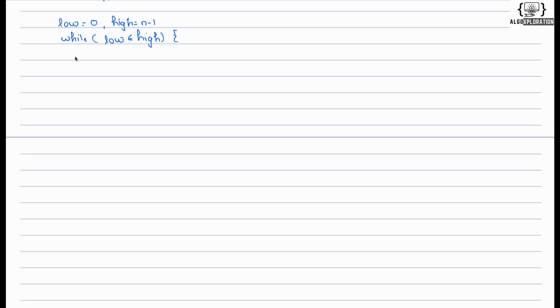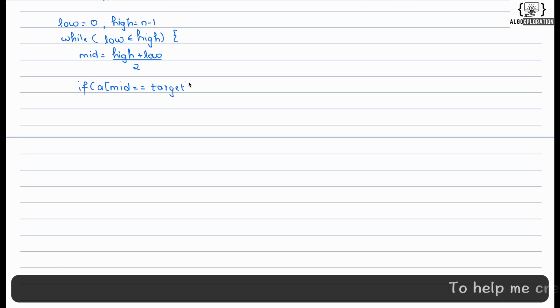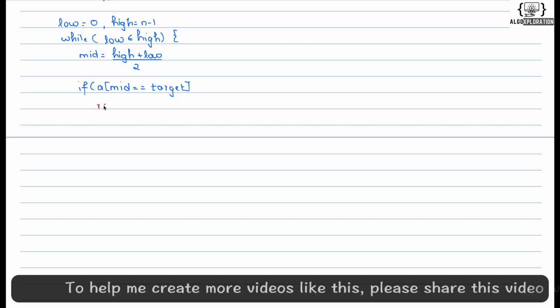Now the first step will be find the middle element. So mid equals to high plus low whole divided by 2. Then check if A of mid is equals to target. If that's the case, return true.